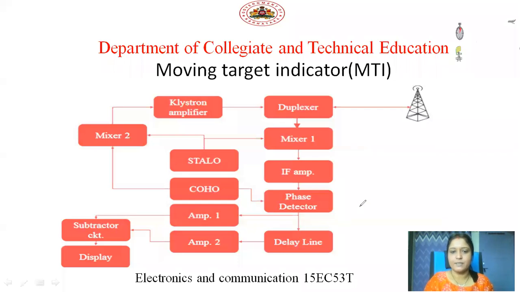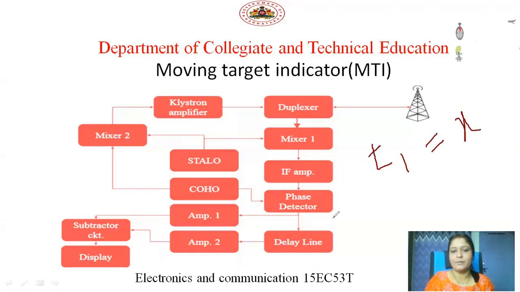Now, see here, this is the phase detector. For stationary objects, the phase will always remain the same. At any time, if you measure the phase difference between the transmitted and the received echo signal, it will remain the same. For example, at time t1, the output generated will be x for the stationary object.